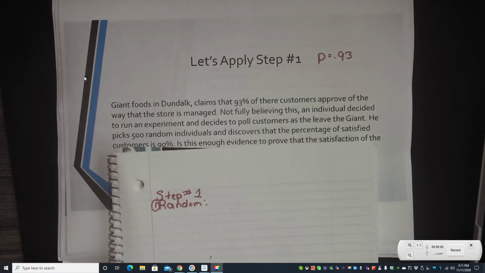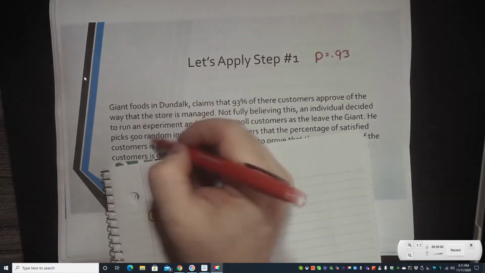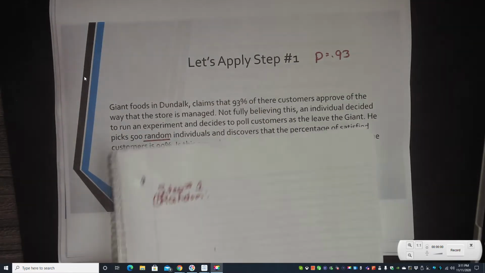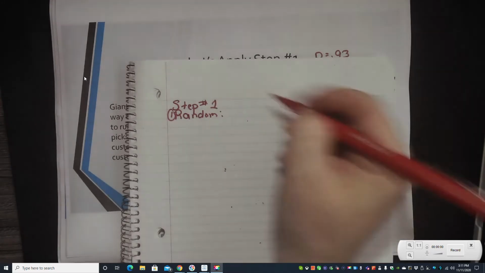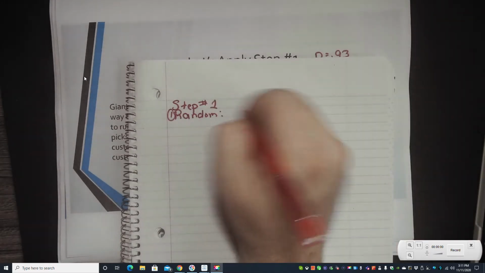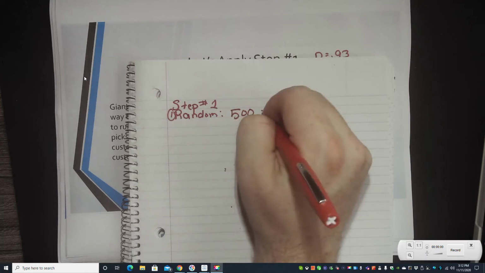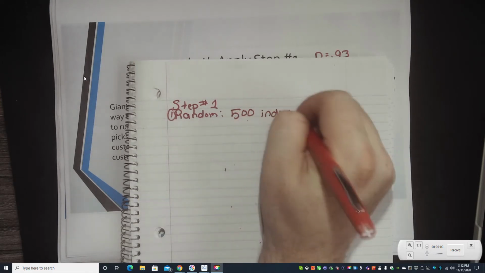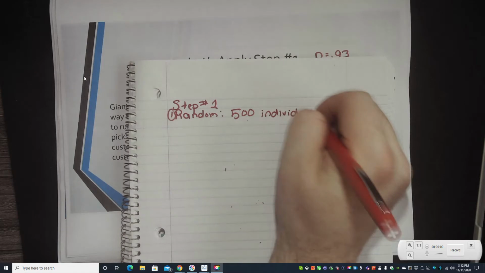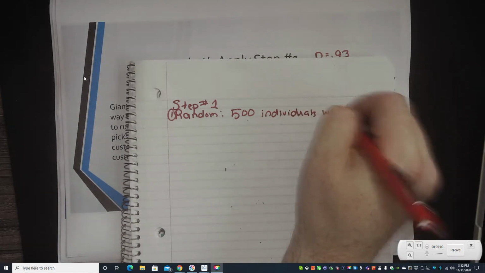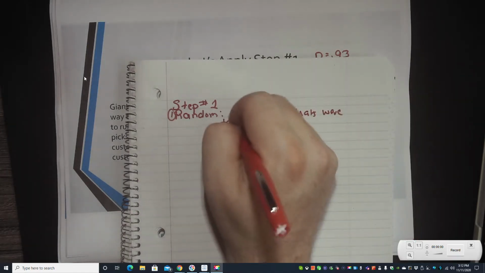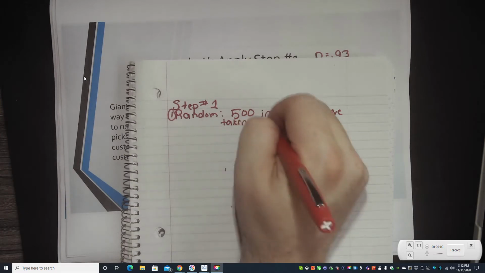But you can see right here that he took 500 random individuals. So all we have to do is say that 500 individuals were taken at random.